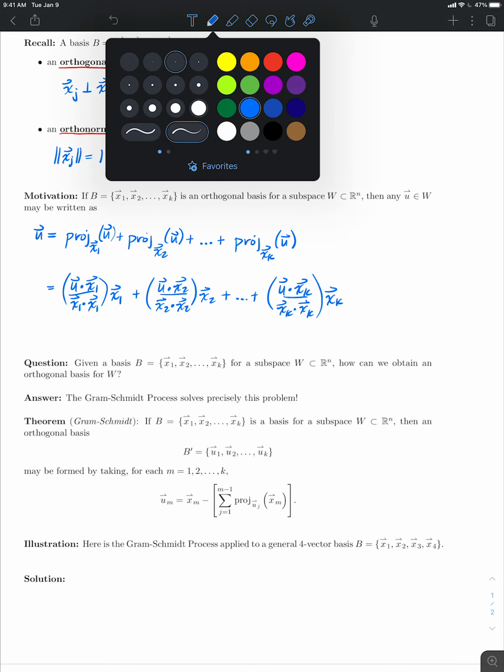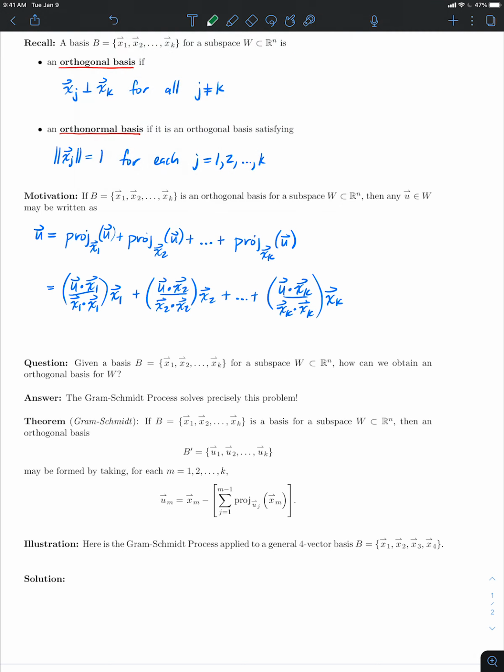Now, here's the cool part. If B were orthonormal, which wasn't an assumption, but I just want to add it as a comment, then the dot product of x1 with itself would just be 1. The same with the dot product of x2 with itself, and all the way up to the very last vector, because all these vectors will be of length 1.